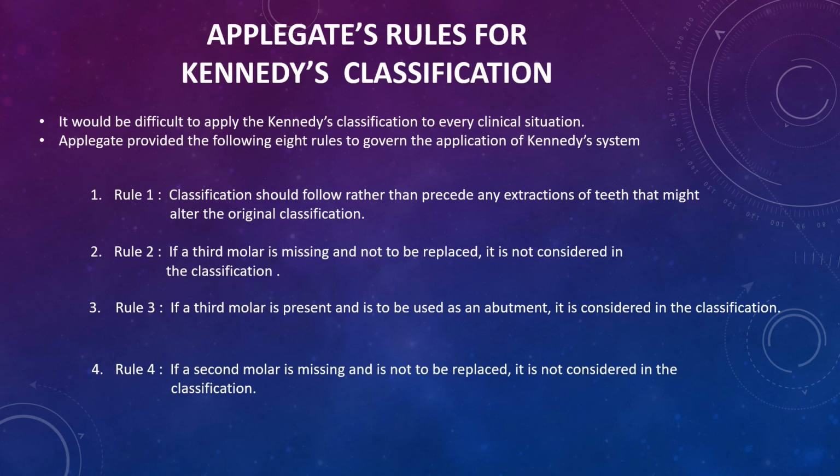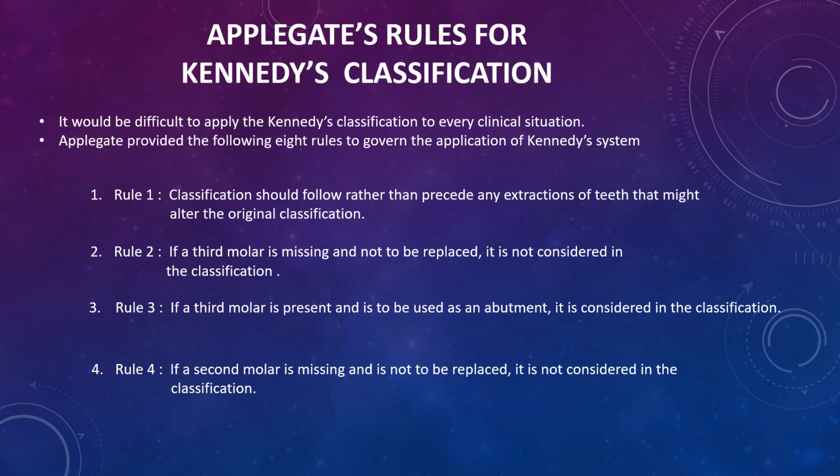That means you should just leave it. Rule number 3. If a third molar is present and is to be used as an abutment, it is considered in the classification. That means if the third molar is present and if we want to use it as an abutment, then it is considered in the classification.